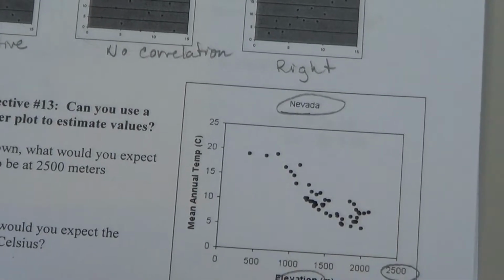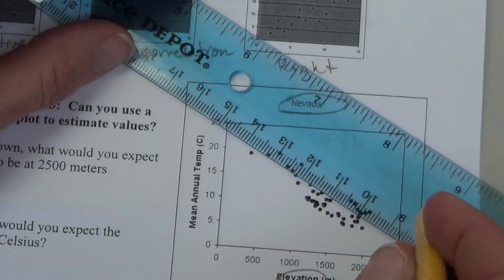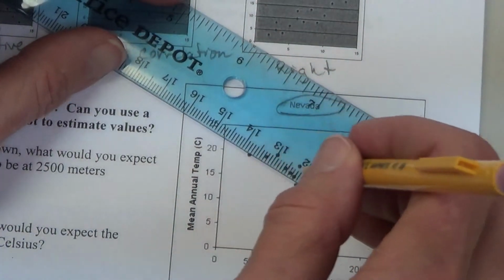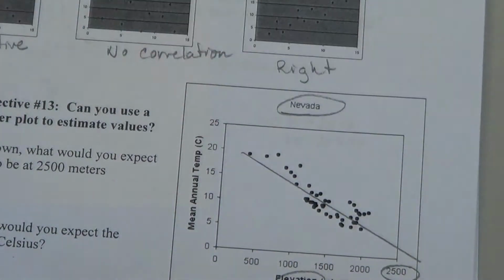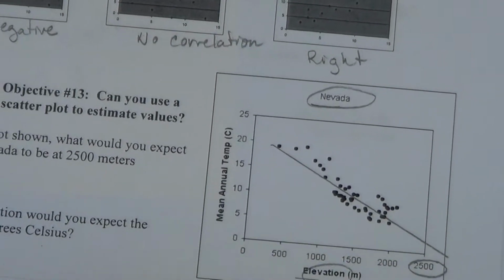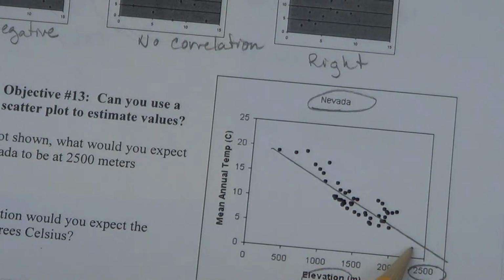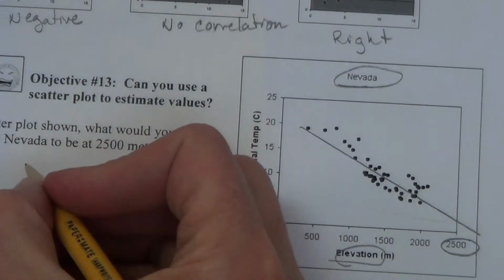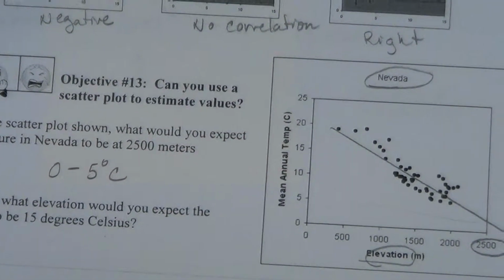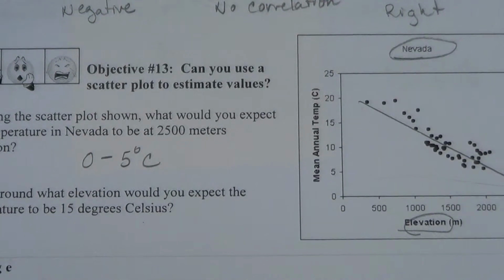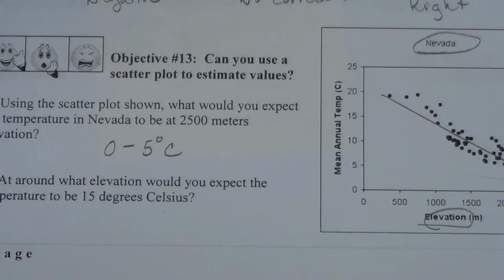Well, I would just draw a trend line in there and I would guess that that temperature is somewhere between 0 and 5 degrees Celsius. Okay, that gives us a rough window that we could say that it could be, because your trend lines might not be the same as mine.